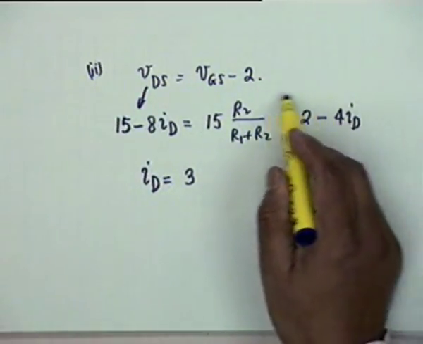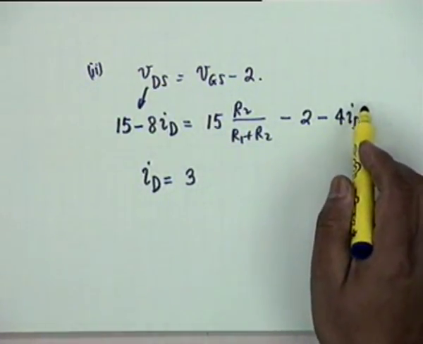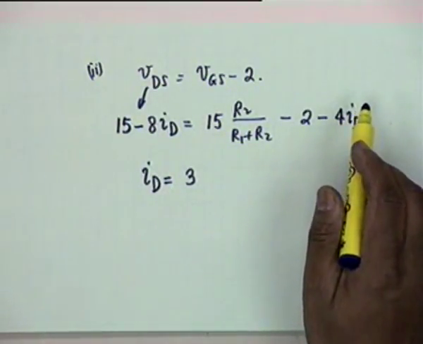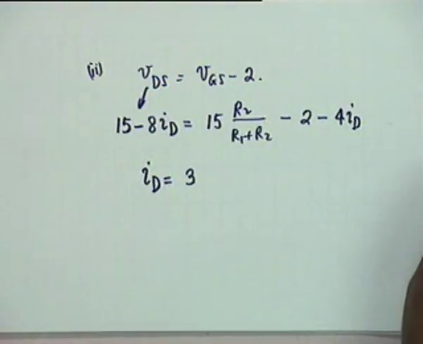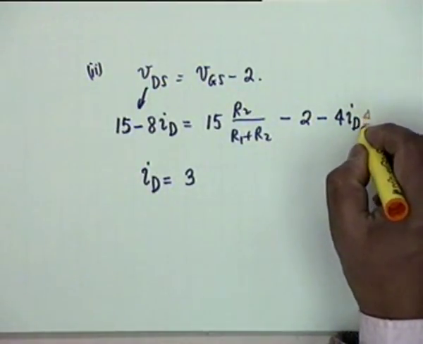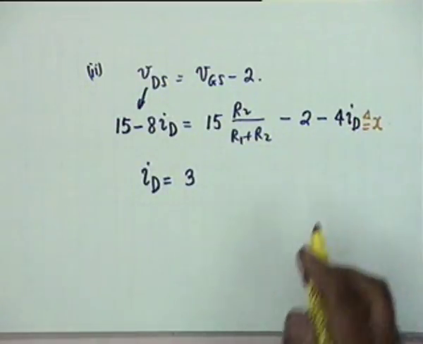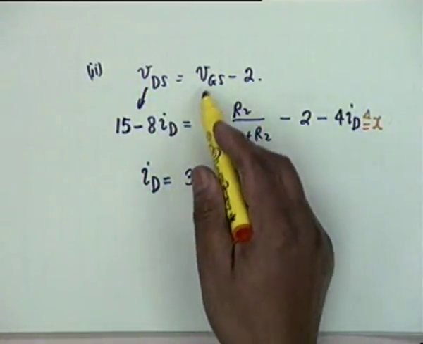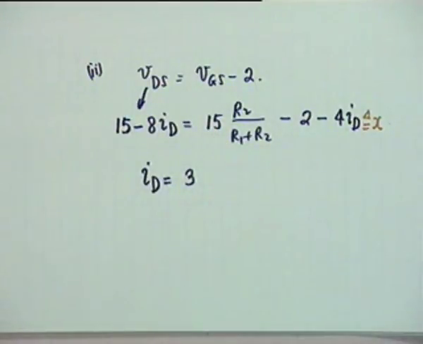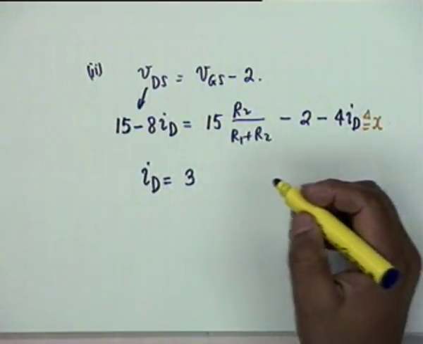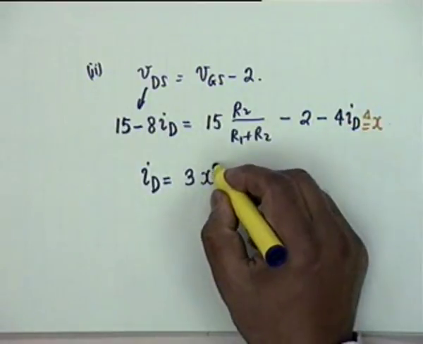But VGS minus 2 is this. You have to proceed very cautiously here because you might get lost. Let's call this right hand side as equal to X. Okay, then X is VGS minus 2. Obviously, this is what I have written. Therefore, I can write this as 3 times X squared.